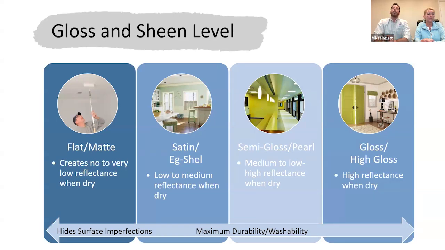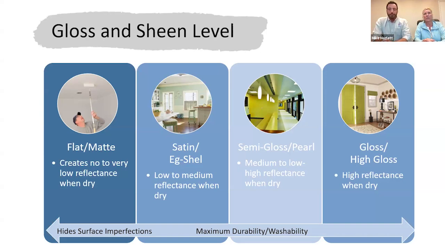So often, questions get raised. I've had, hey Mike, we want to do our condo in a gloss. We want the best durability. We want the best washability. I would advise against doing large exterior surfaces in a gloss because it will just be blinding and almost an eyesore, but also it's going to be hard to hide all those imperfections, whether it's an old building or even a new construction building.